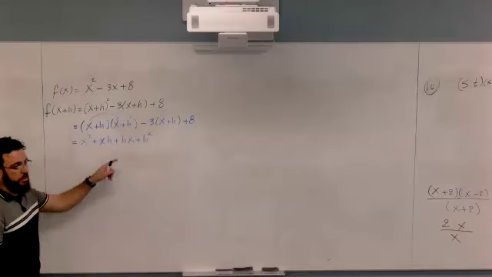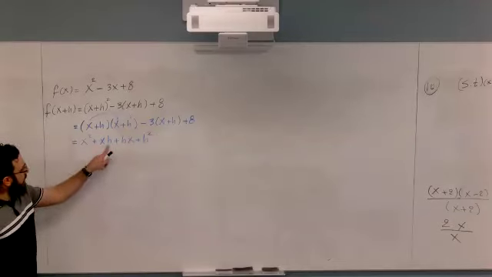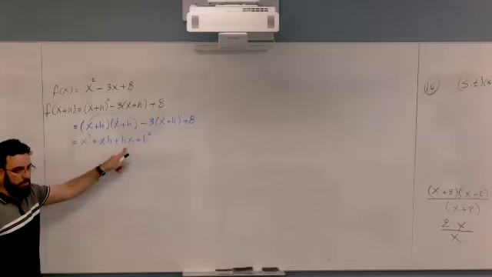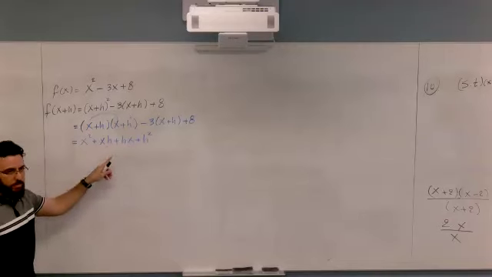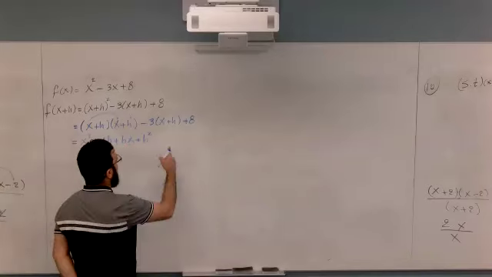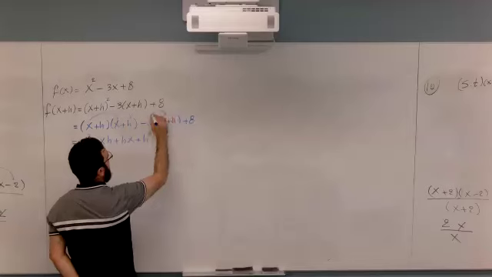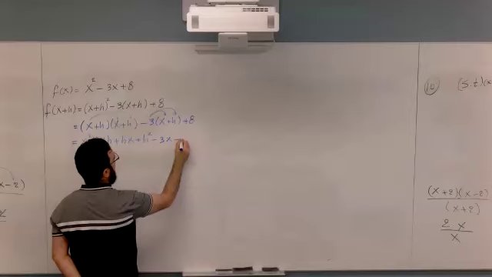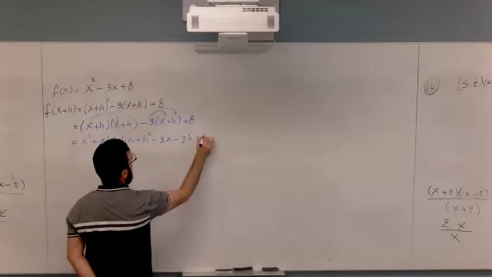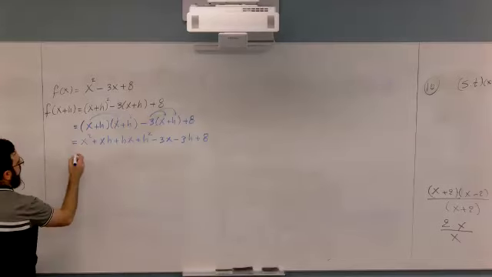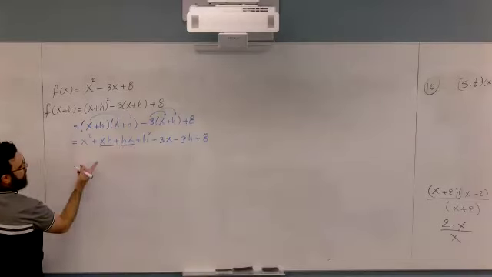I did that on purpose to tell you xh is the same thing as hx. So if you add them, just flip it, it's going to be fine. That means you can combine this one with this one. FOIL, distribute here. So minus 3x minus 3h plus 8. Do we have like terms to combine? Which is this one and this one.